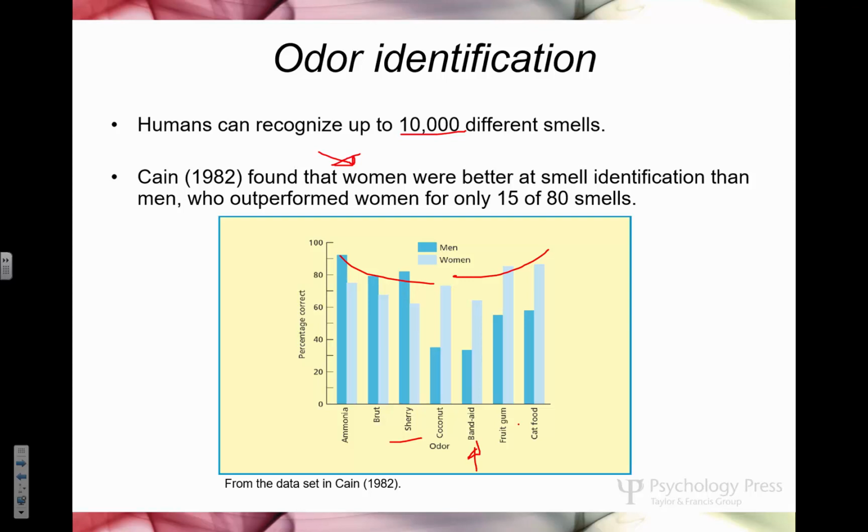Everybody laughs because you know Band-Aid has a certain odor to it, right? You can identify that. Women are also better at identifying cat food smells than men. I don't know why. That's just interesting. So women tend to be slightly better than men on odor identification. If you were to give men and women a test of this, you would find that the women would be more accurate in their identifications.